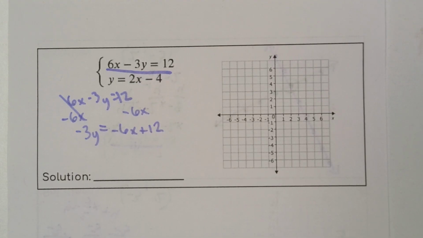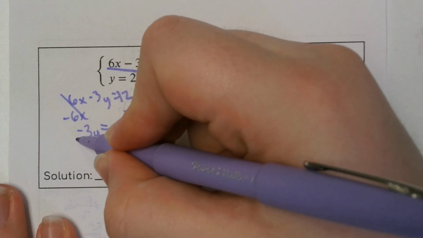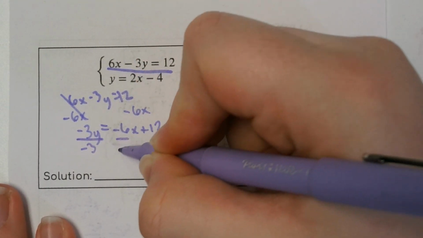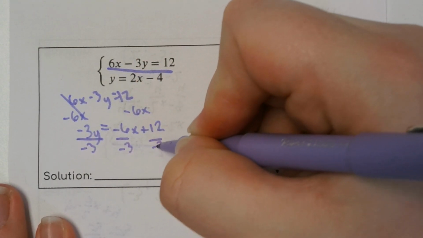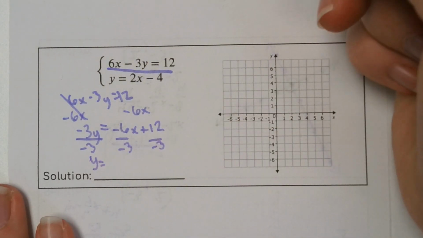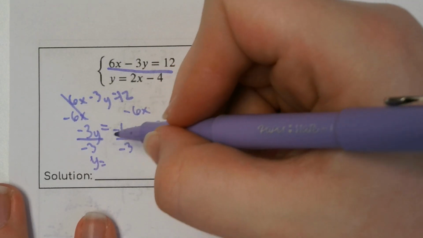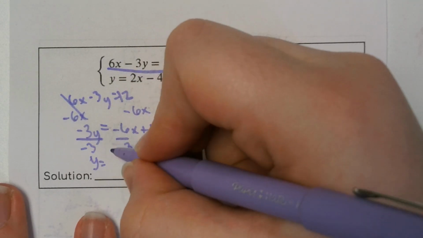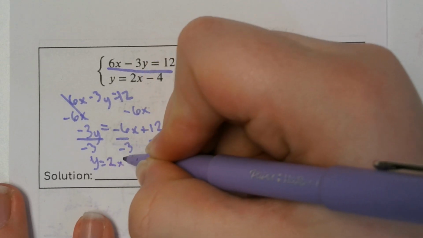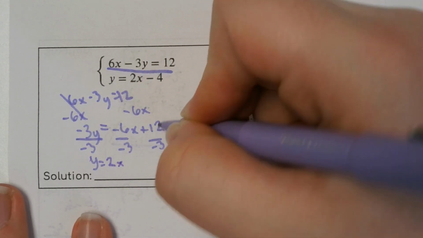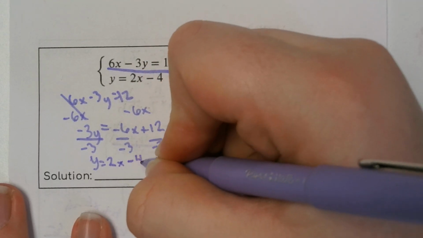Then how do we get rid of that -3 in front of our y? Perfect. So we're going to divide every single part by -3. And that gives us y equals -6 divided by -3 would be a positive 2x. And 12 divided by -3 would be a -4.